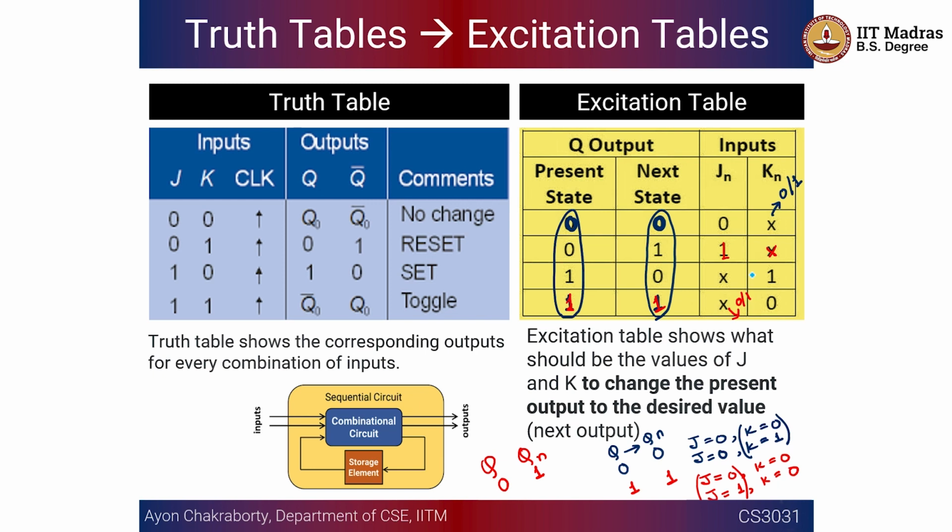You need to recall what values of j and k inputs are going to give rise to that particular scenario, or achieve the transition, right? So primarily these transitions you need to remember very well: 0 to 0 or 1 to 1, and then 0 to 1 and 1 to 0. Okay, so 0 to 1 and 1 to 0 are primarily toggles, right?